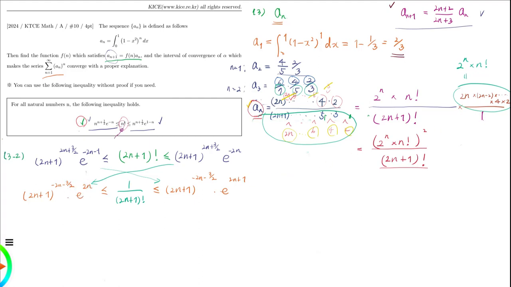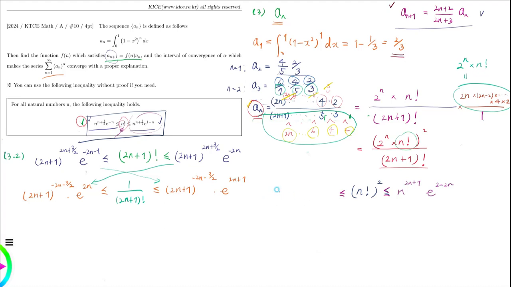Okay, and we do the same thing for this n factorial part here. So in this case, I want the square of n factorial, and if I use this inequality, I get the upper bound n to the 2n plus 1 times e to the 2 minus 2n.